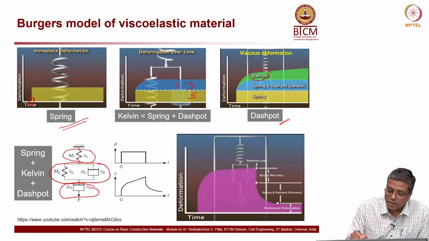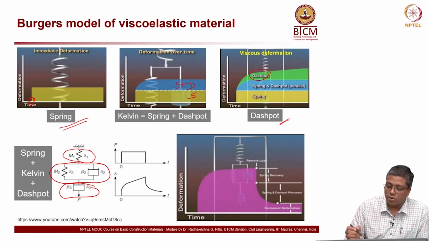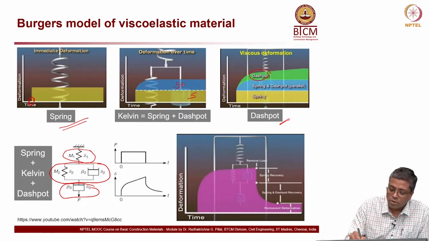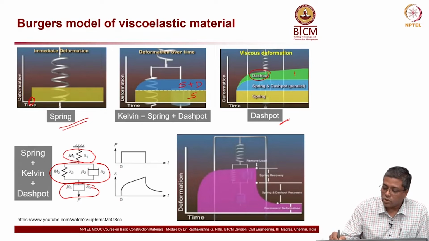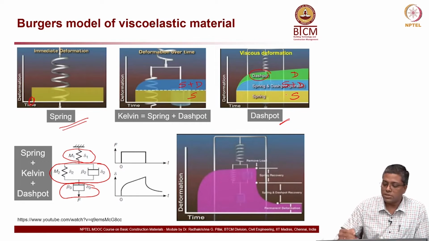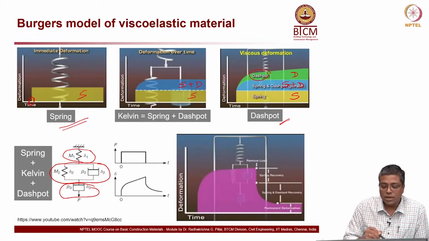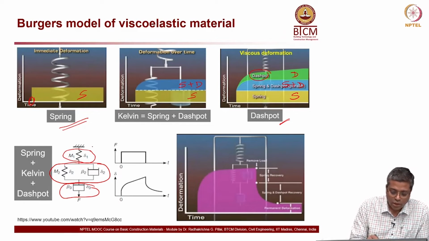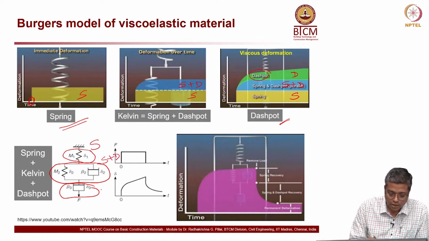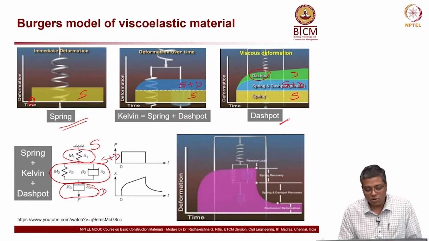Second one, let me correct that, second one is spring plus dashpot in the blue. I am just keeping on adding to the top. First I talked about the yellow, which is only spring, and then I talked about S plus D also added to that, then on top of that D is also added. So, over here in the bottom left S, and the second one is S plus D, and the third one is D. This is just a summation of all three.